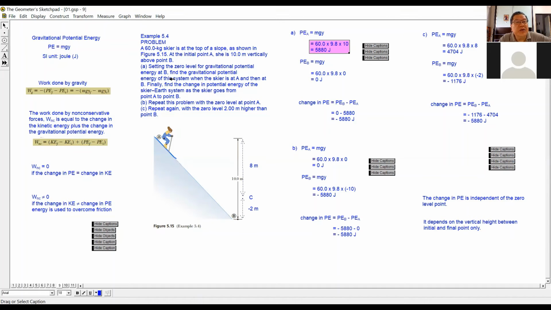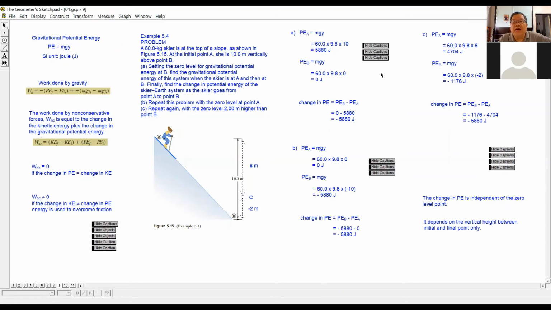So that will be the answer to the first part here: the gravitational potential energy of this system at A, when we use B as the zero level. Okay, then find the change in potential energy.